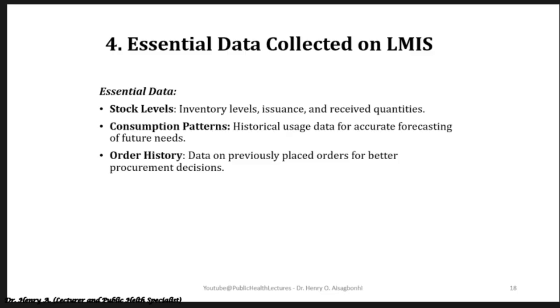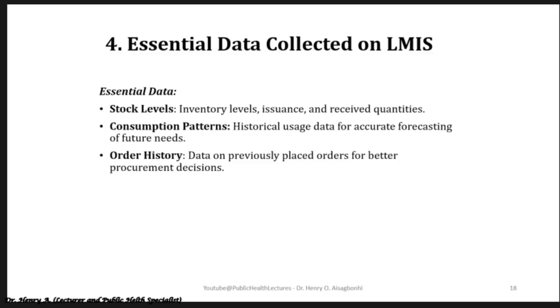For example, if a clinic uses 100 rapid diagnostic test kits every month, and the catchment population is increasing, the LMIS should anticipate a proportional rise in usage over time. So that's what consumption pattern brings to the table as an essential data that is collected on the LMIS.